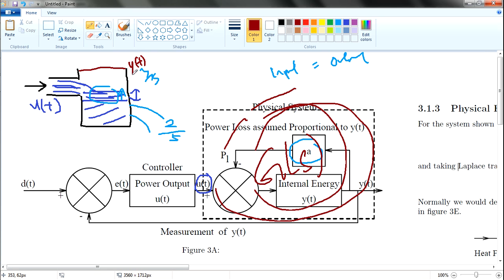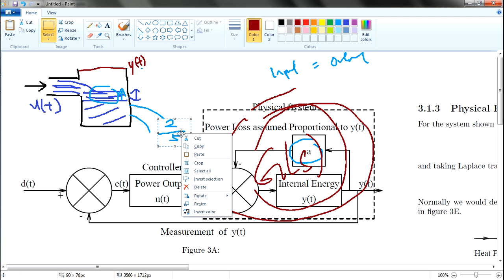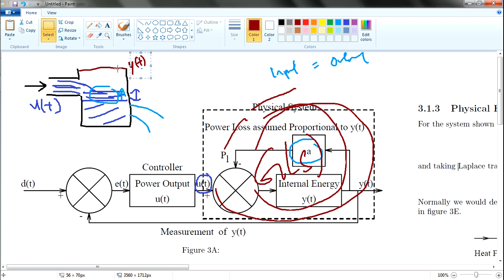Hold on again. As I draw this, I realized that previously I was saying 2 over 5 is proportional to the input also. That is partially correct, but it may be wrong. For a stronger way of representing it, proportional to y of t, a stronger explanation is that y of t is our height of the water at this point. y of t is our desired output.